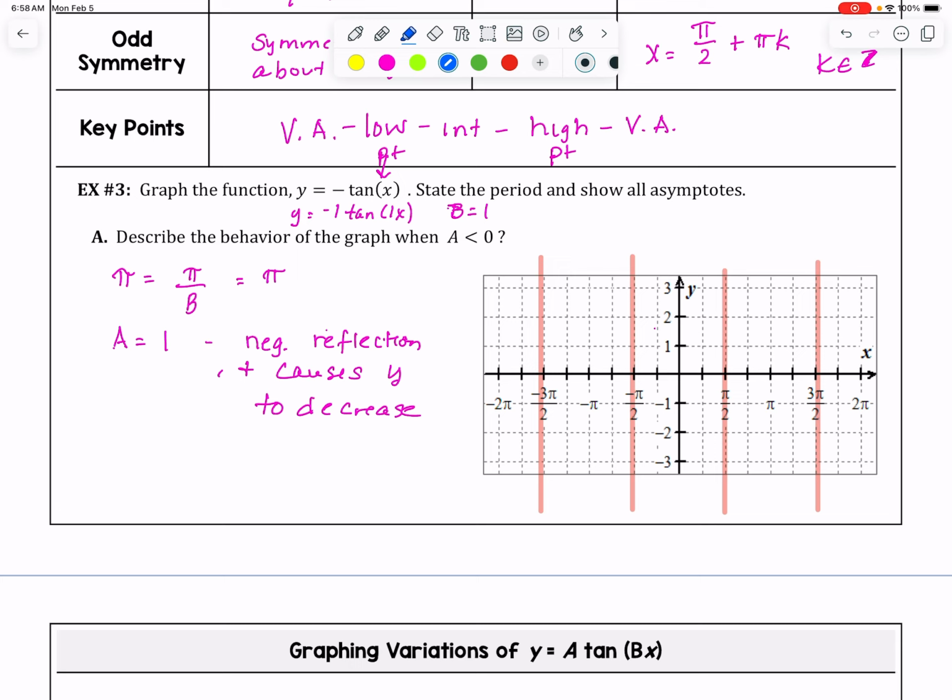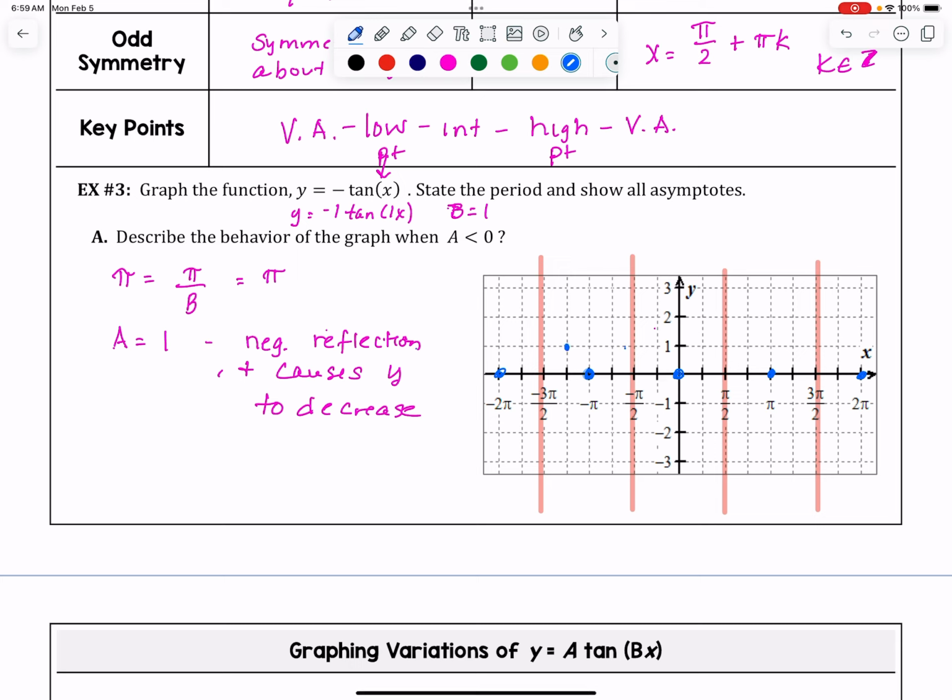So it's going to go, remember, right in the middle is going to be that intercept, okay? Right in the middle, and that negative is going to cause it to flip-flop, okay?